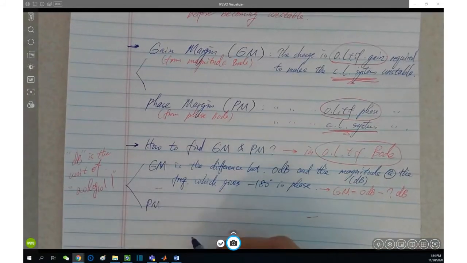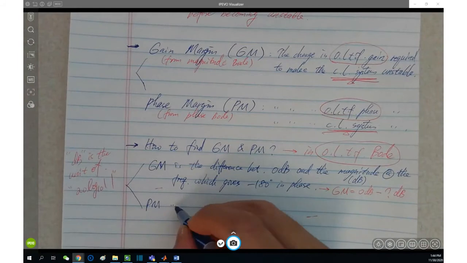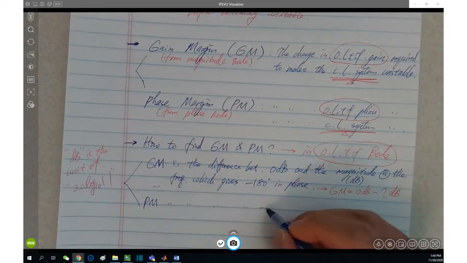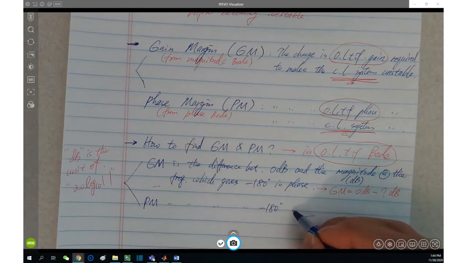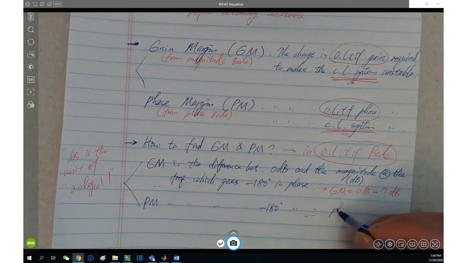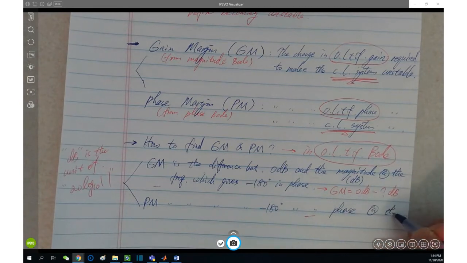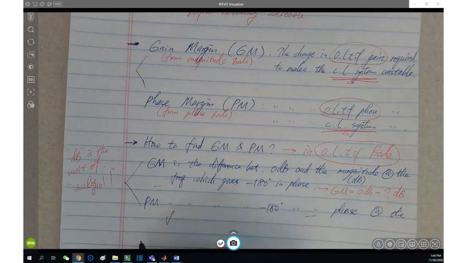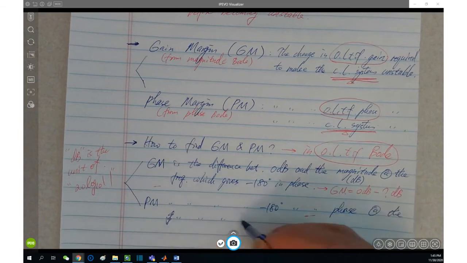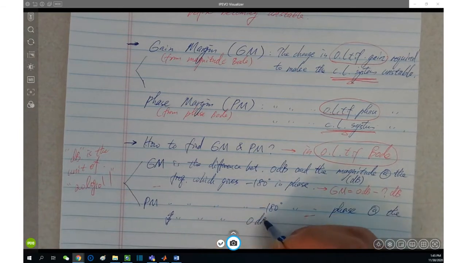PM is the difference between negative 180-degree and the phase at the frequency which gives 0 dB in magnitude.